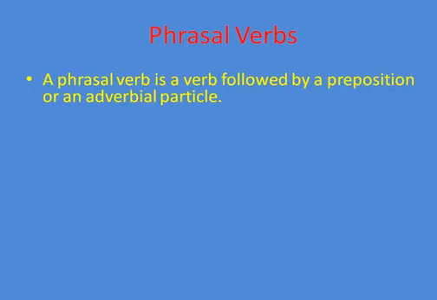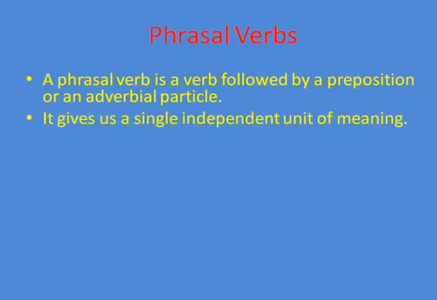That is the beauty of the phrasal verb. Let us try to understand these phrasal verbs in detail. A phrasal verb is a verb followed by a preposition or an adverbial particle. It gives us a single independent unit of meaning.